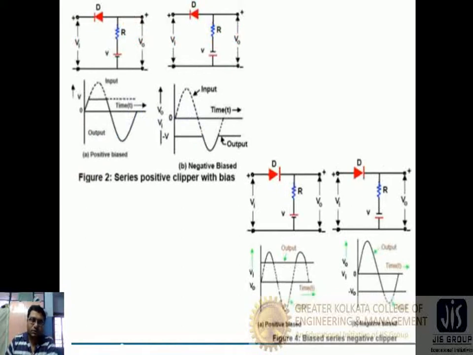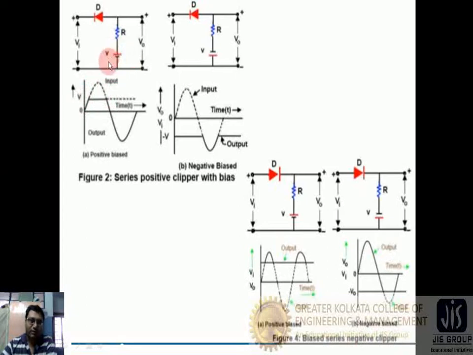This picture is showing the biased clipper, positive clipper. These two are the biased positive clipper circuits, a series positive clipper with bias, and this is a biased series negative clipper. Here you can see a positive portion is being clipped out.